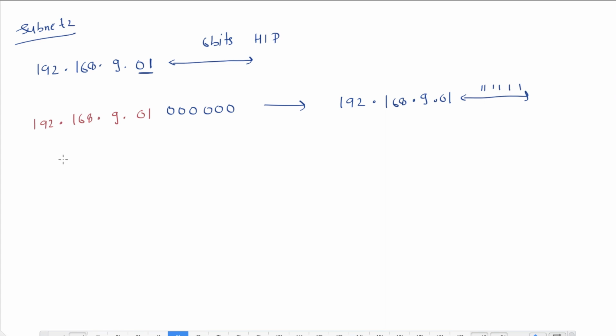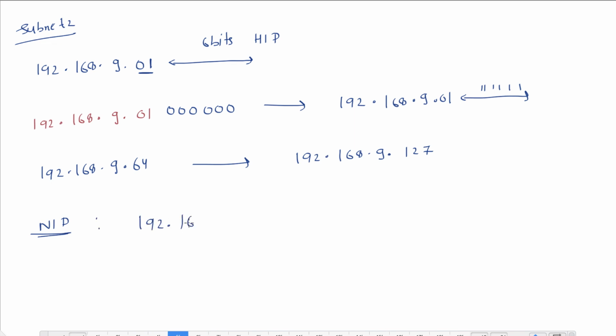This range will be 192.168.9.64 to 192.168.9.127. This is the range of IP addresses in subnet 2. And what will be the network ID? The network ID will be the first address, which is 192.168.9.64, or you can call it the subnet ID.